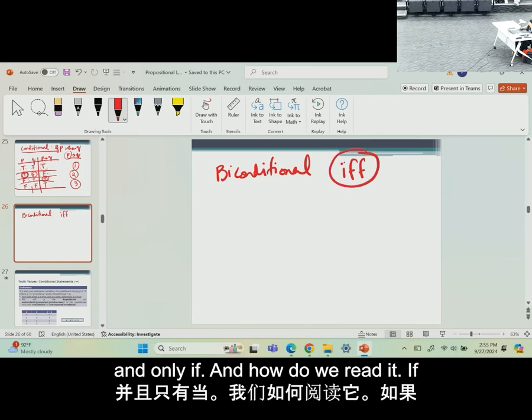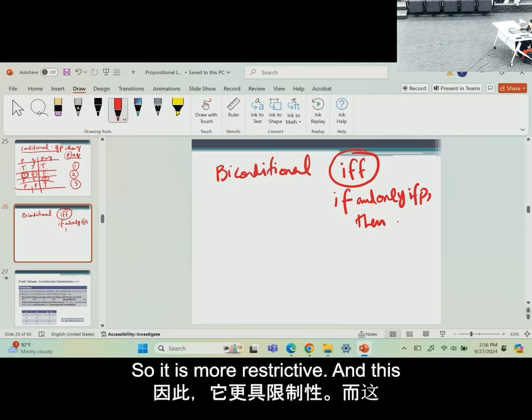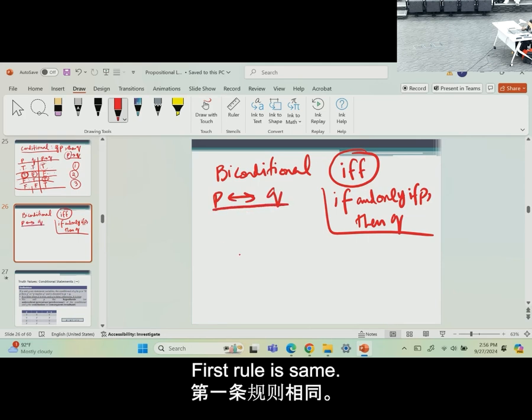It means if and only if. And how do we read it? If and only if P then Q. Okay, so it is more restrictive. And this is how we represent it symbolically. First rule is same.